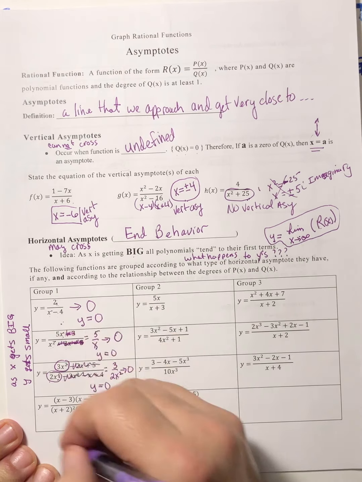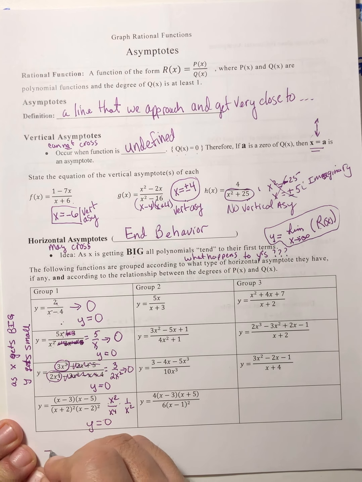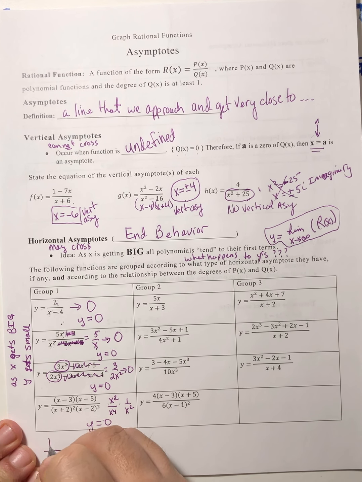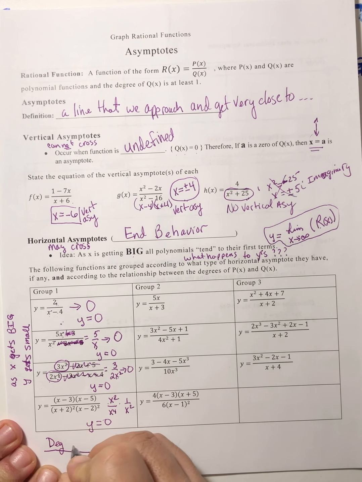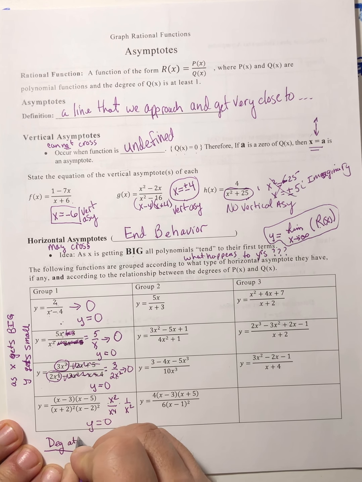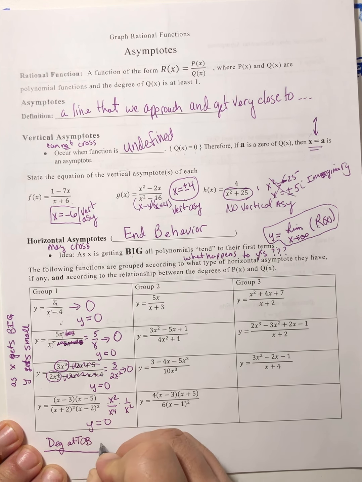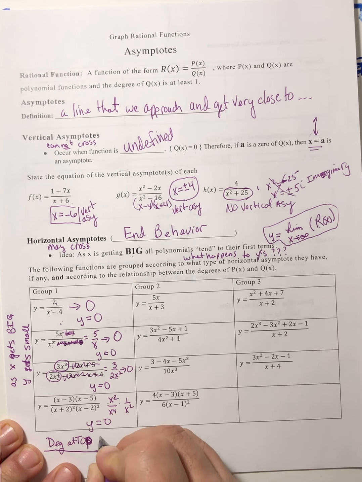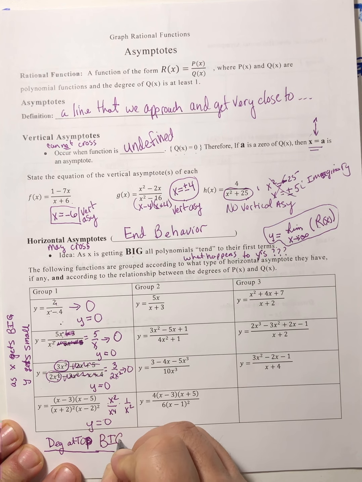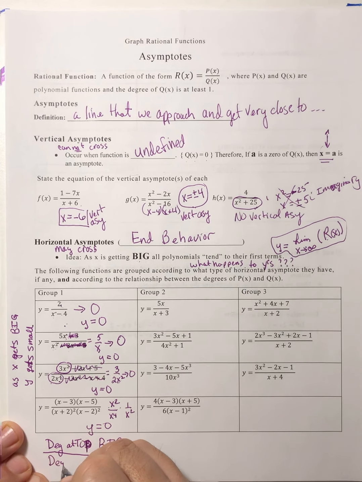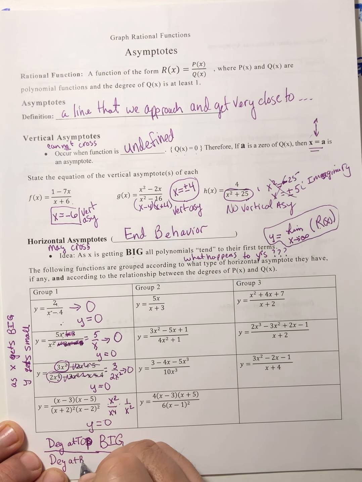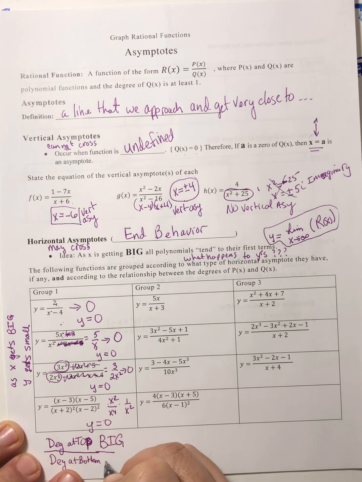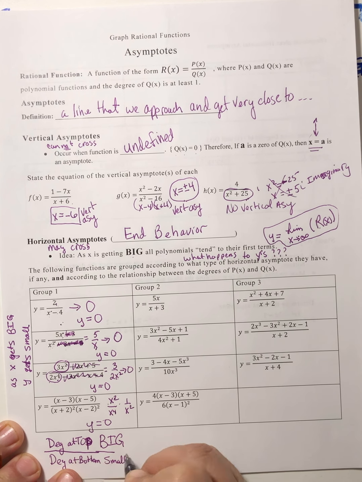So right here in column 1, I'm going to write a fraction bar. Degree at the top is big. Degree at the bottom is small.